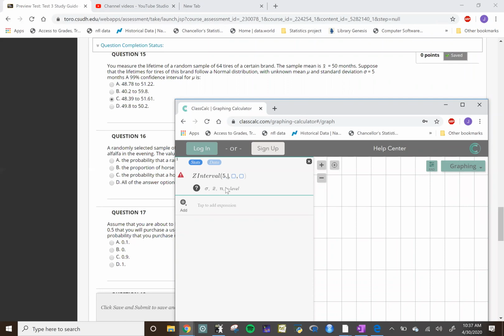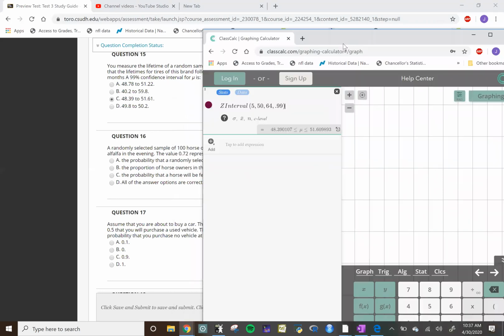The sample mean is equal to 50. And N is equal to 64. And lastly, confidence level is equal to 0.99. So ClassCalc gave me exactly the same answer that the TI-83 gave me, and that's answer C. And that's how you do 15.